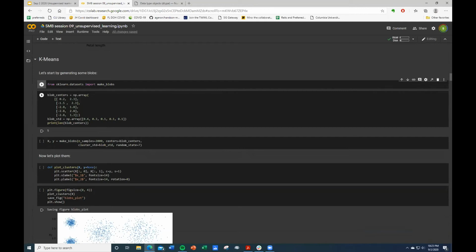We're going to make 5 and put them into a NumPy array. So we print out the length as a check, and we see we have 5 different centers. We're going to make 2,000 samples with the blob centers and give them a random state. Now we'll plot them.